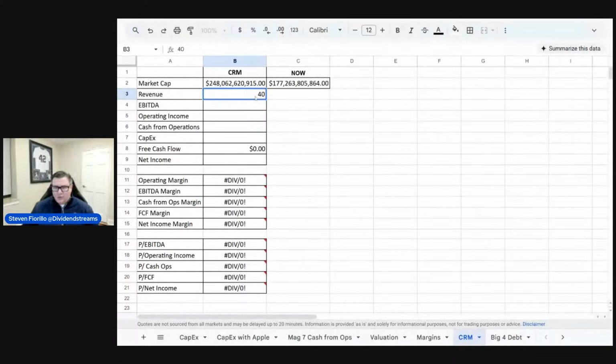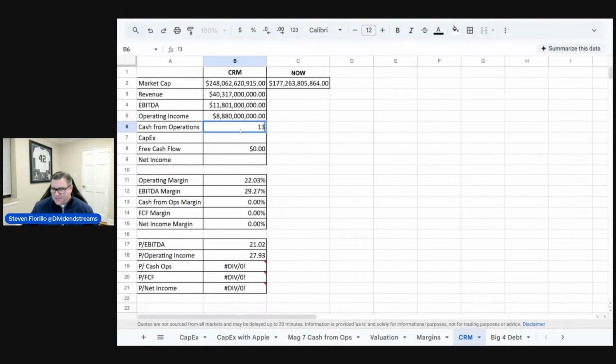So these are all trailing 12-month numbers. I always go by the trailing 12, and if I want to do additional analysis, I go and do probably the past 2 years on the quarterlies and look at growth rates and stuff. I'm sure there are products that do this in real time, but I like doing it on my own. I don't know why, but it helps me remember the numbers.